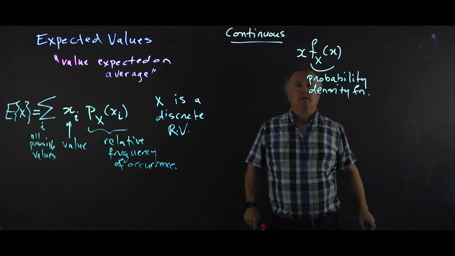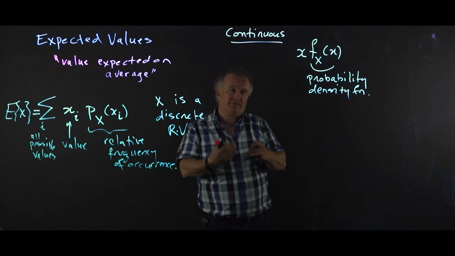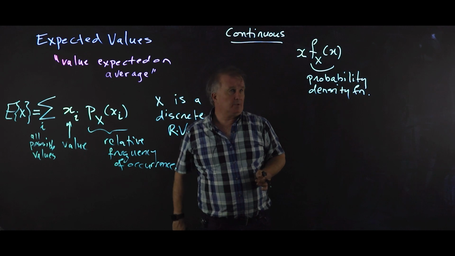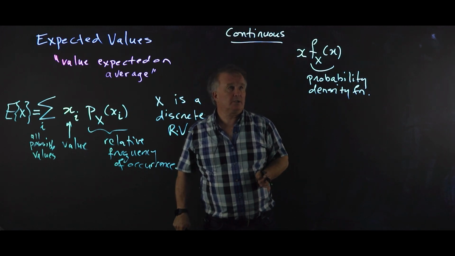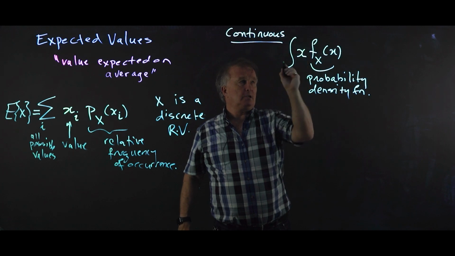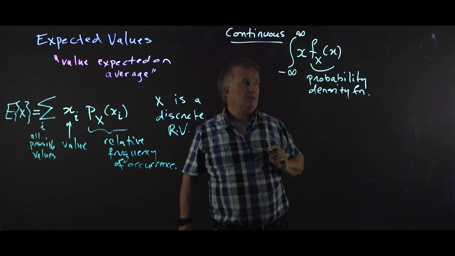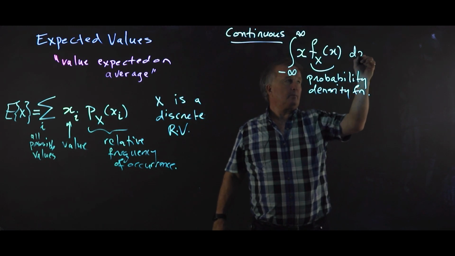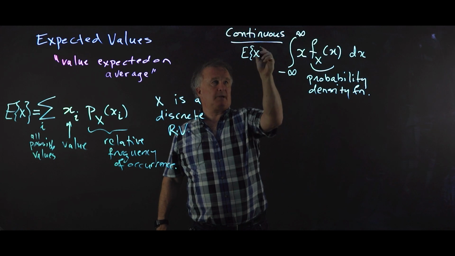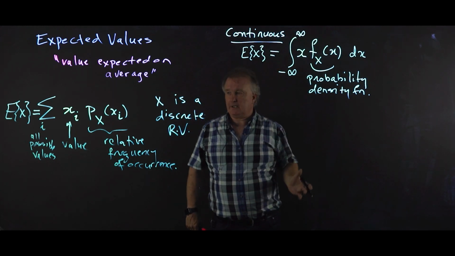When we talk about things that are continuous or that vary in a differential or incremental way, usually we replace the summation with an integral sign, and that's exactly what we do. So now we integrate over all the values of x that it can take on. That's what we call the expected value of x when x is a continuous random variable.